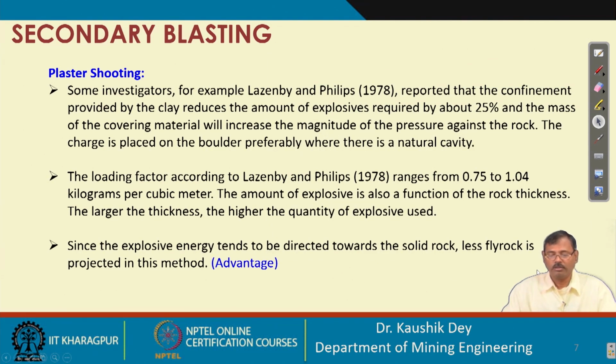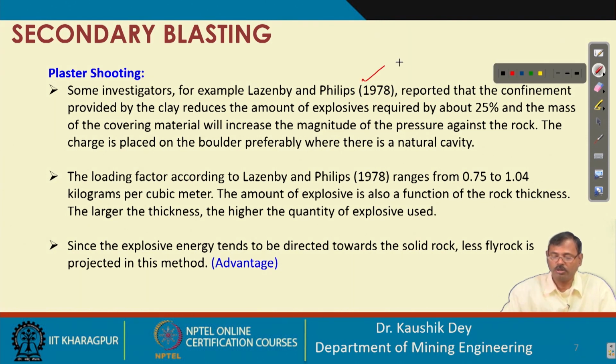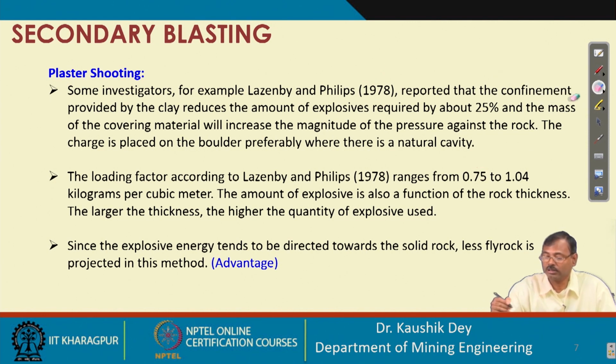Plaster shooting was given as an example in 1978, so it was reported to be used from long back, and the loading factor ranges from 0.5 to 1 kg per cubic meter. In pop shooting it is less than 100 gram, so this loading is almost 7 to 10 times higher.